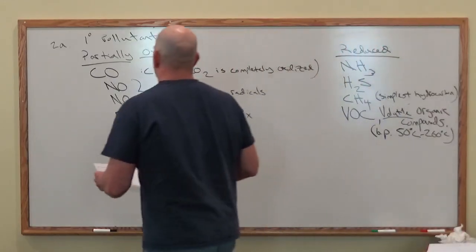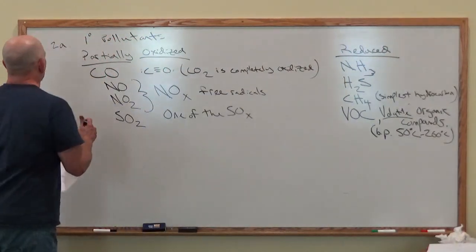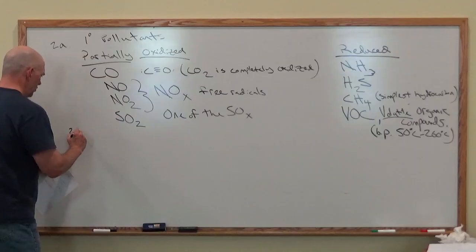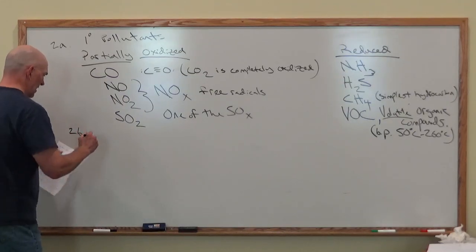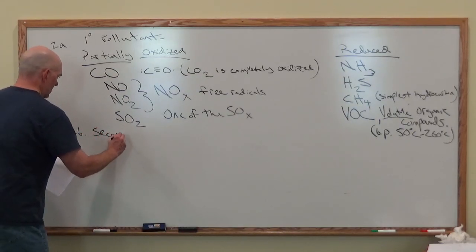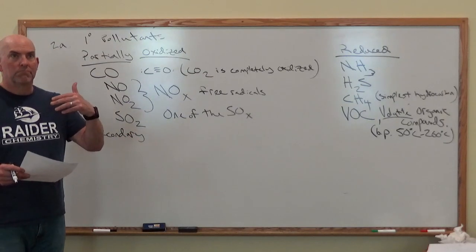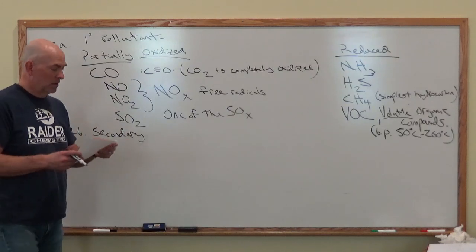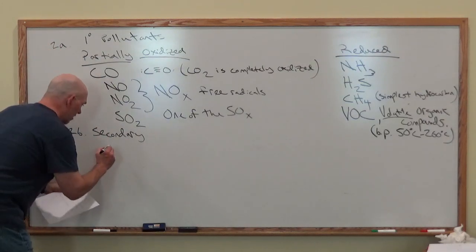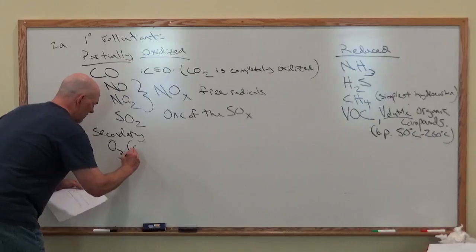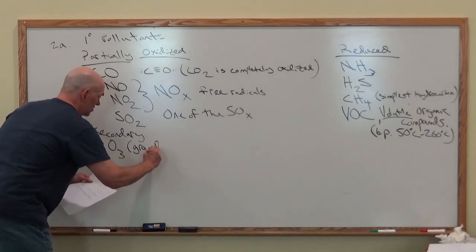Let's see if I can fit this in here. So this is 2B. Secondary pollutants, so things that are, well, they have to be produced, okay? And some examples there. Ozone, as I mentioned before, ozone is not a pollutant in the stratosphere.